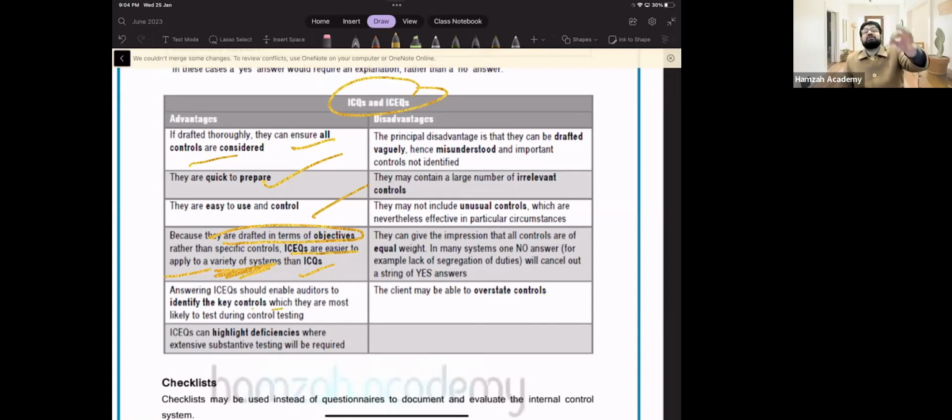It enables us to understand whether controls are effective or not, whether they are achieving objectives or not, and whether the auditor can rely on controls or not. And key controls can be tested during control testing. Through ICEQ, you can identify deficiencies as well. If controls are not meeting objectives, they are deficient.